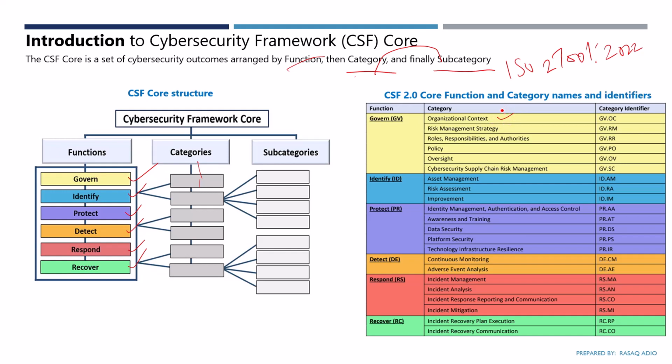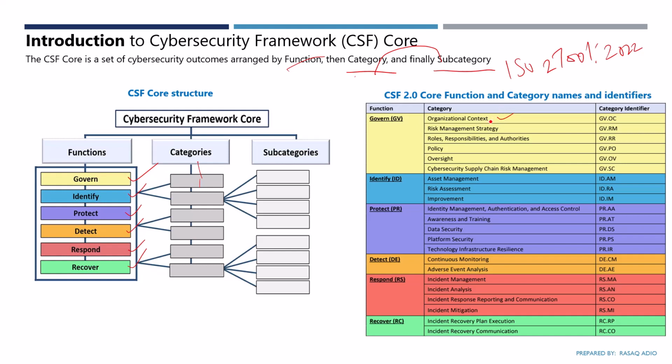Don't forget, maybe when we get there, we are going to talk about the different tiers that we have. We have tiers 1 to 4, and each tier will define the current environment of your organization. So this new version, which is CSF 2.0, like we said, covers virtually every organization, regardless of industry and size.